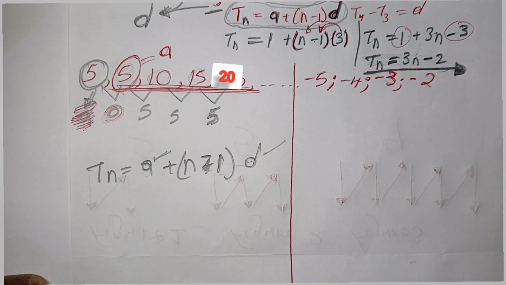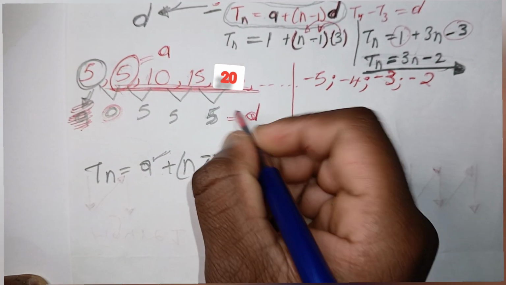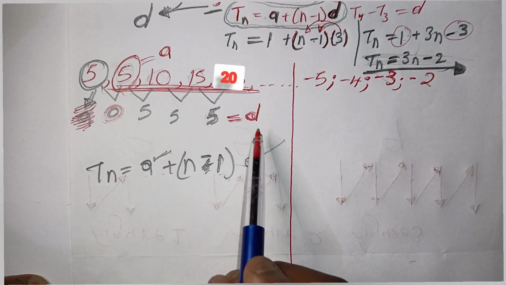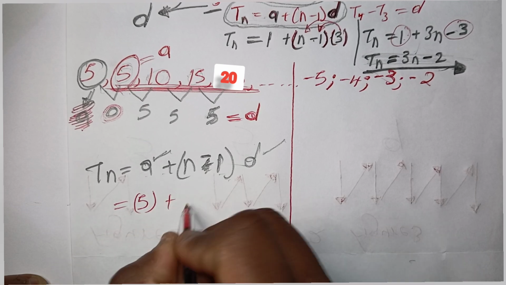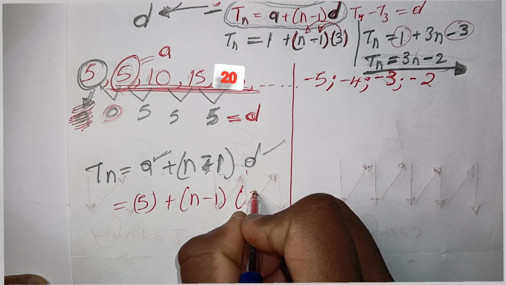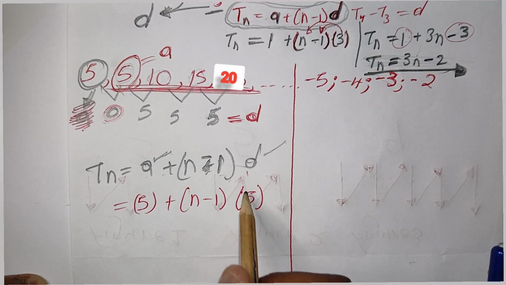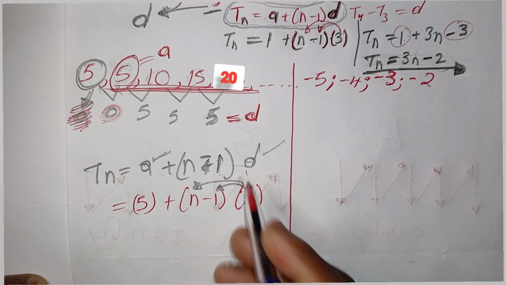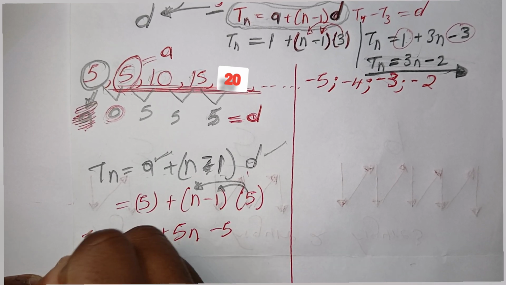So let's substitute our values, because this one is d and that one is A. When we substitute, it will be 5 plus (n minus 1) times 5. Now let's expand this, and when we expand it, you get 5n minus 5 plus 5.